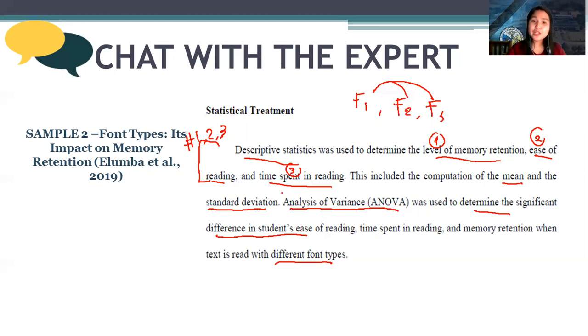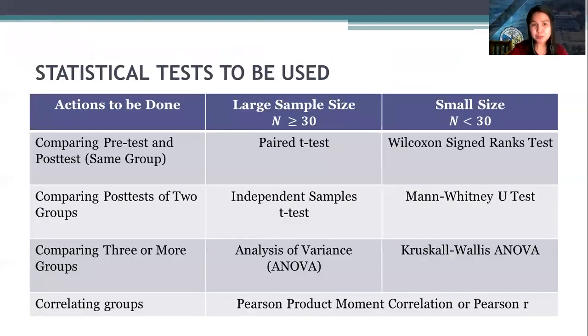For example, you can also say here, I will use analysis of variance to differentiate the mung beans played with classical music, the mung beans played with rock music, and the mung beans with no music. I say Pearson product moment correlation will be used to determine if there's a relationship between attitude towards math and academic performance. Now, what are the different tests to be used?